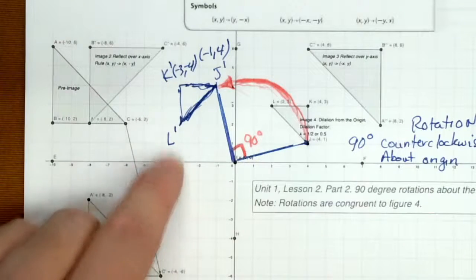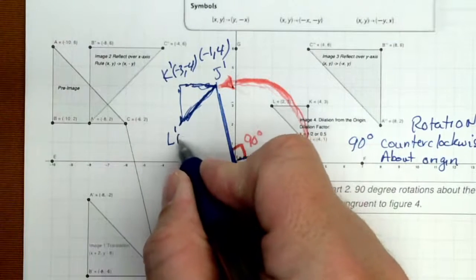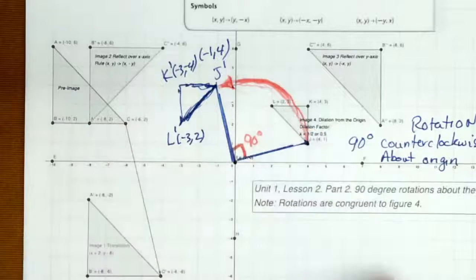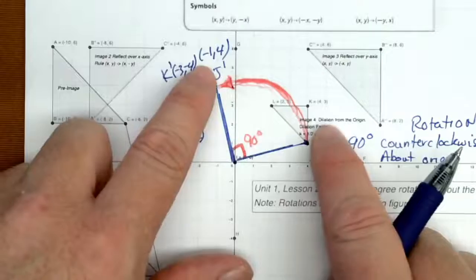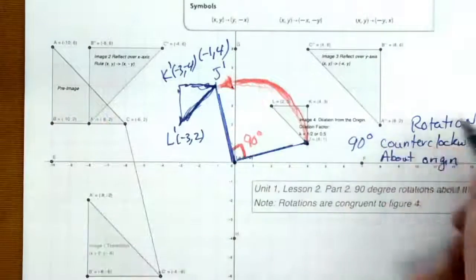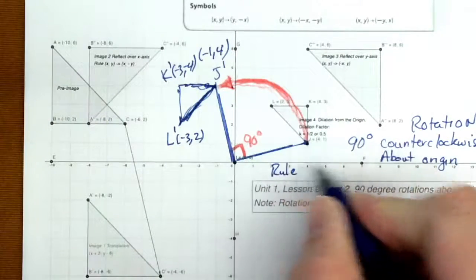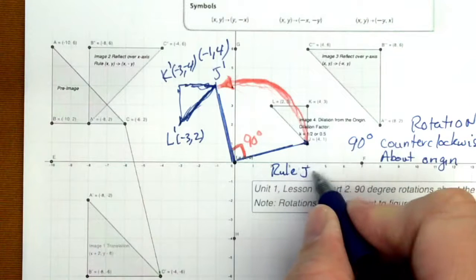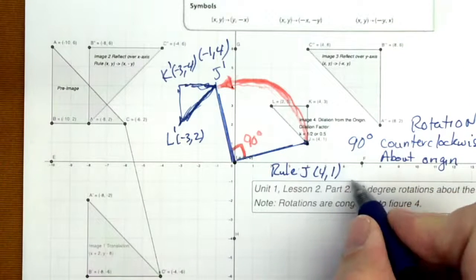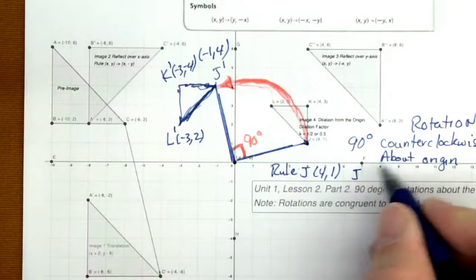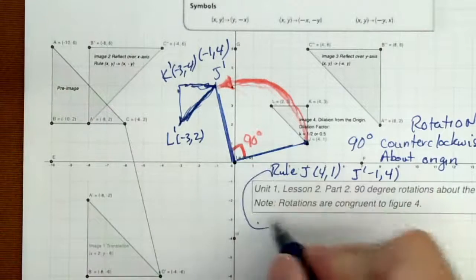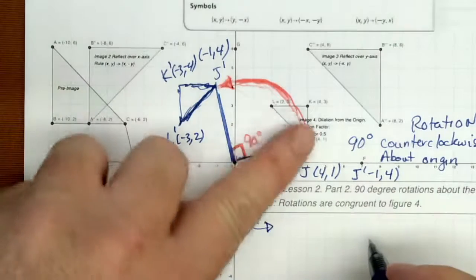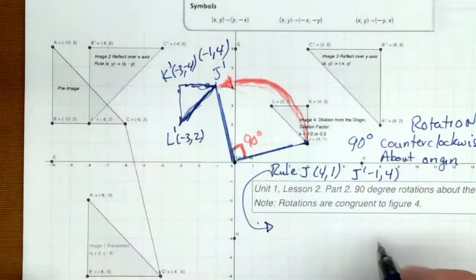And then you can look at the points. Well, this point was 4, 1. Looks like they switched, so if I had to write a rule here, where J was at 4, 1, and J prime was at negative 1, 4, then if I had to write a rule for a 90-degree rotation counterclockwise about the origin, I'd say that my x's and y's switched, right?